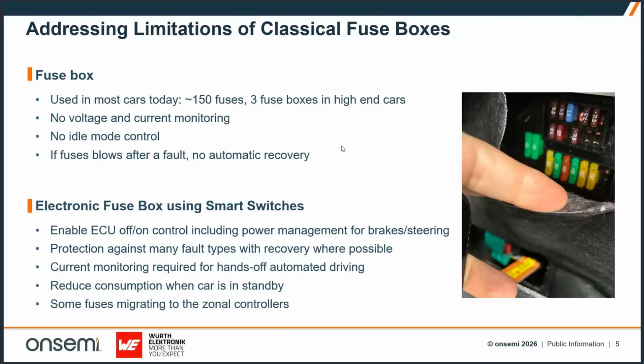And then you've got different types of faults with recovery, right? Rather than just saying, okay, it's broken, I'll just stop, you can't do that with automated driving. The other thing for automated driving is current monitoring. You've got to make sure it's safe for the automated driving to work.